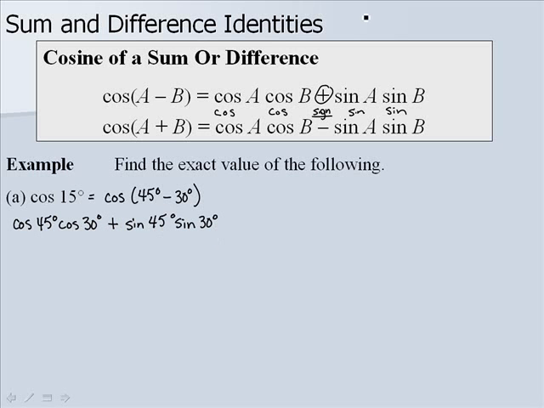So let me do our right triangles here. When we're dealing with 45 degrees, remember that our right triangle gave us the values square root of 2 over 2, square root of 2 over 2, and 1 here.